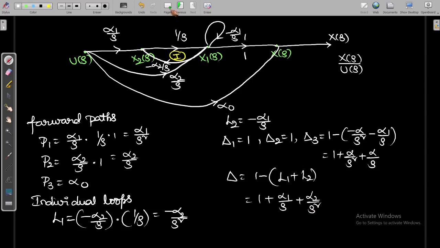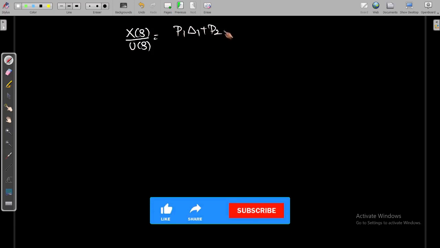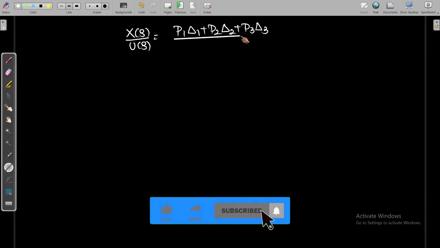Now we will write the final transfer function using Mason's gain formula. X of s divided by u of s is equal to P1 delta 1 plus P2 delta 2 plus P3 delta 3, whole divided by delta.